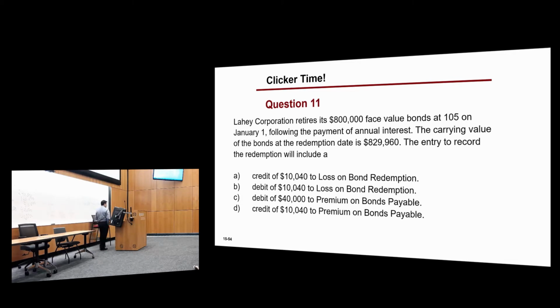You have here, the company is retiring $800,000 face value bonds at 105. When they retire them at 105, that's the amount that the company is paying, right? The carrying value of the bonds at redemption is $829,960. That's a typical question that you might see on the final exam.